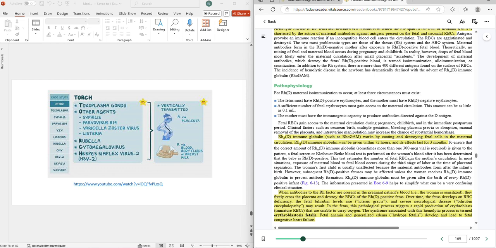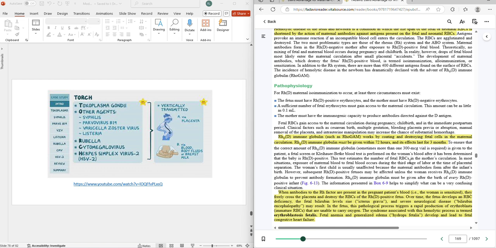So she gets it twice. And every time she gets pregnant, she gets this, okay? So we ensure that this breakdown, the fighting of the blood types, does not happen if she gets the RhoGAM, okay? If she does not get the RhoGAM, we can have a sick baby and a sick mama, okay? Because their blood starts fighting each other.